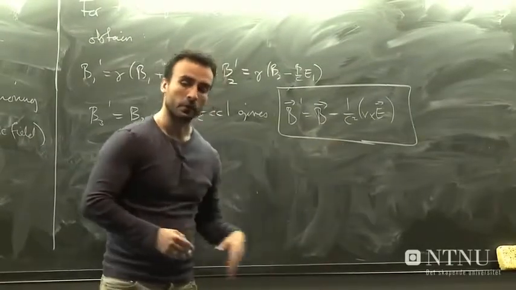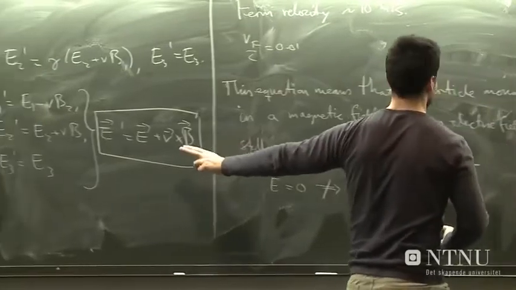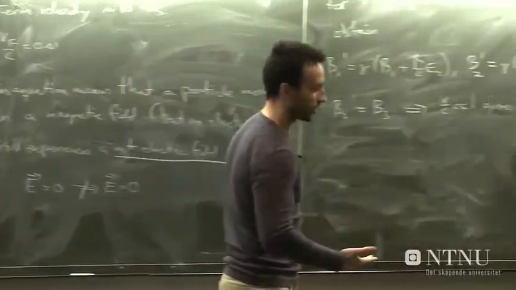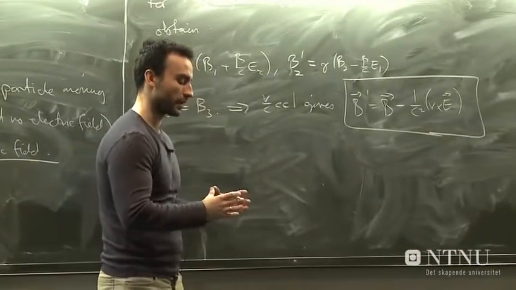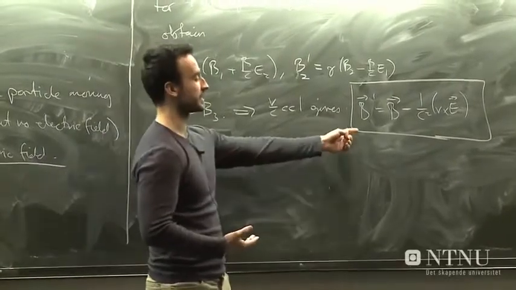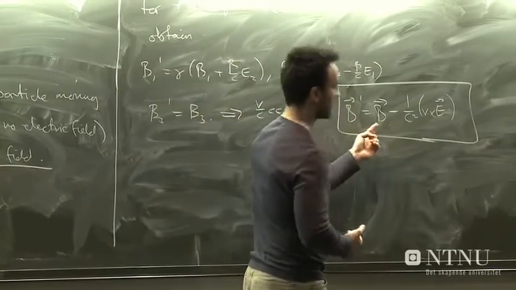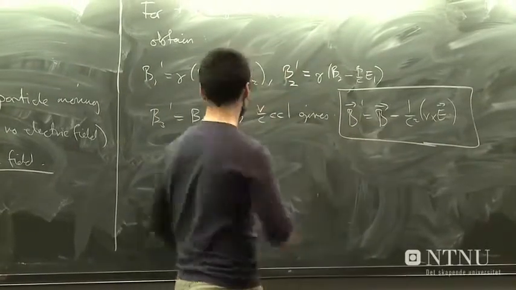From this result, we can now draw an important conclusion. So just like in this case, we now see that a particle moving in a region where there is an electric field but no magnetic field will still experience a net magnetic field dictated by this term, even if the magnetic field is zero.